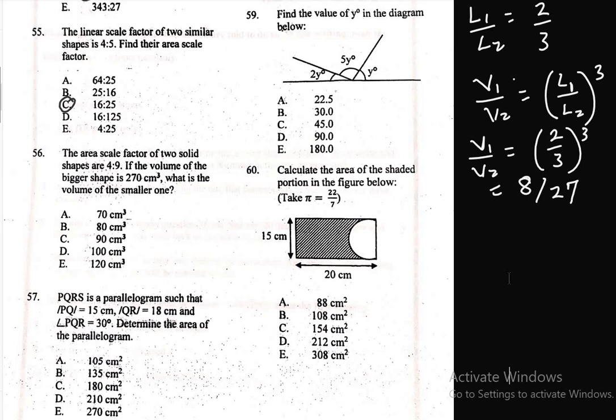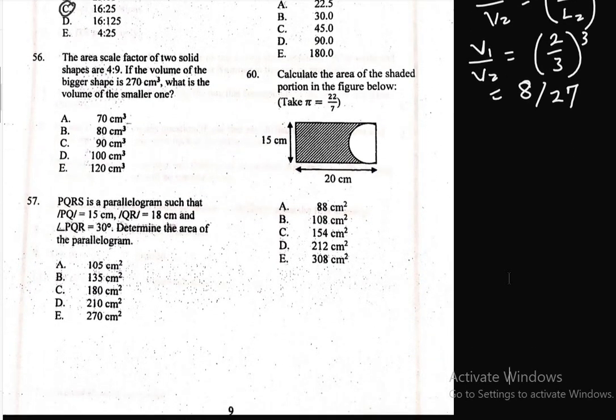Here it is, 56. I don't want to close it. So from here, we know that we are solving for V1. V1 over V2 will give us linear scale cube 1 over linear scale cube 2.